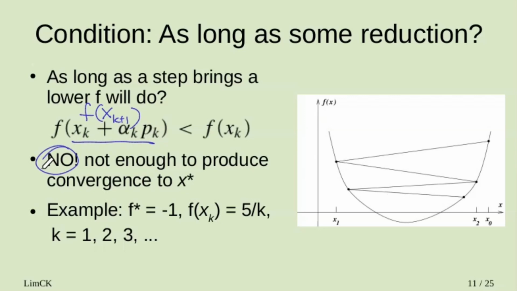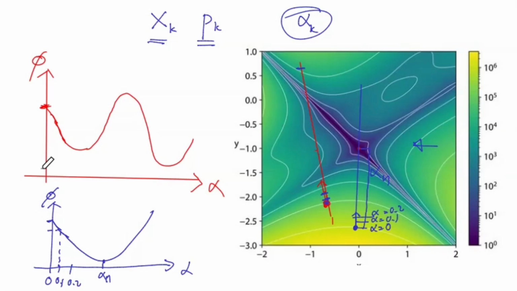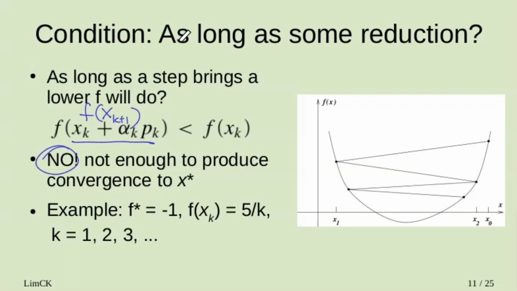First, if you choose small steps, you may need a lot of small steps in order to reach the local minimizer, and this is very costly because for every step you need to compute the pk direction again.